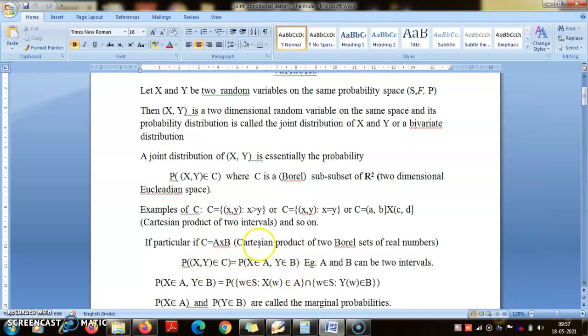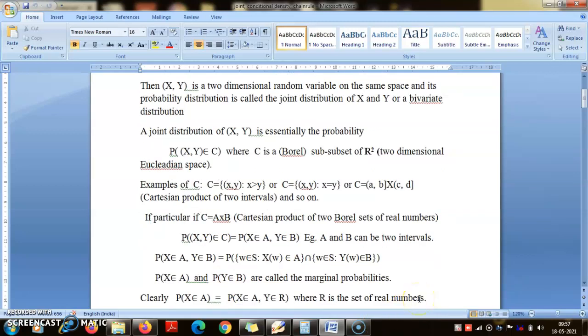This is the type of probability statement that we are more concerned with in practice. Suppose you want to know the chance that the height of a male of a certain age group in a population is between 5.6 and 6 feet and weight is between, let us say, 70 kg and 80 kg. What is the probability, or the frequency?